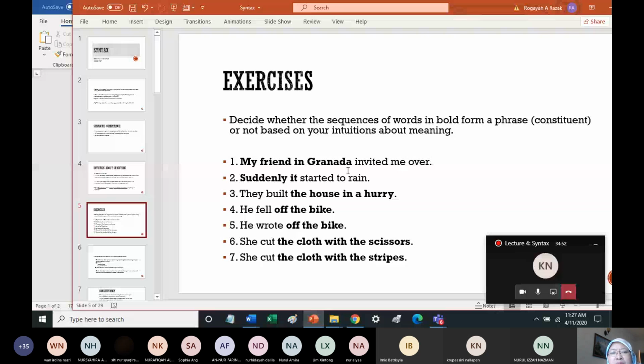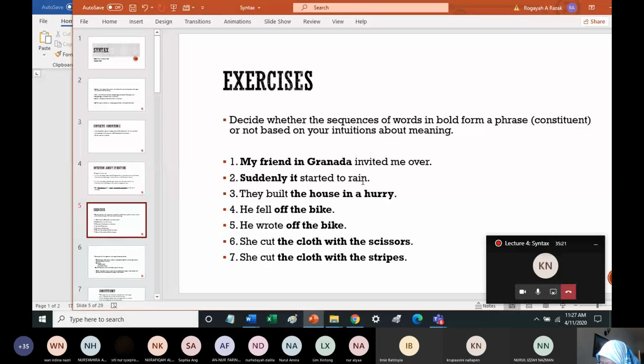Who is one question word, and it represents my friend in Granada. So if someone asks who invited you over, the answer is my friend in Granada. Okay, good. Krupasini, your answer is correct, but you need to think a bit deeper and try to figure out the reason.